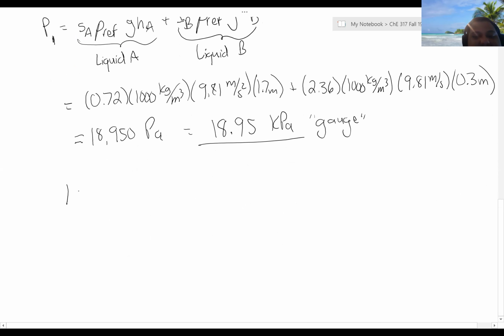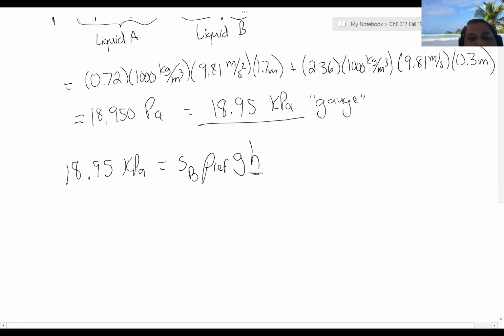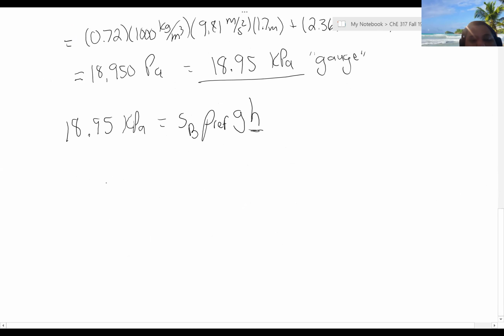Or I can say 18.95 kilopascals equals the specific gravity of B times our reference density times gravity times our unknown height. So by solving for this, we can figure out the height that would equate in this calculation.